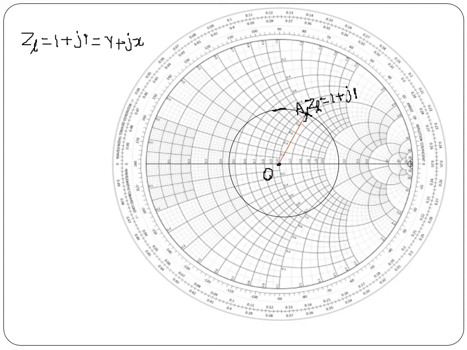This circle is called the voltage standing wave ratio circle, or VSWR circle. This VSWR circle cuts the central horizontal axis at point B on the right side.